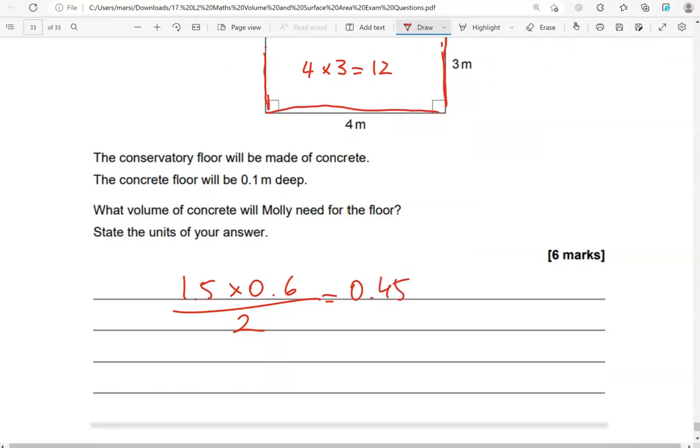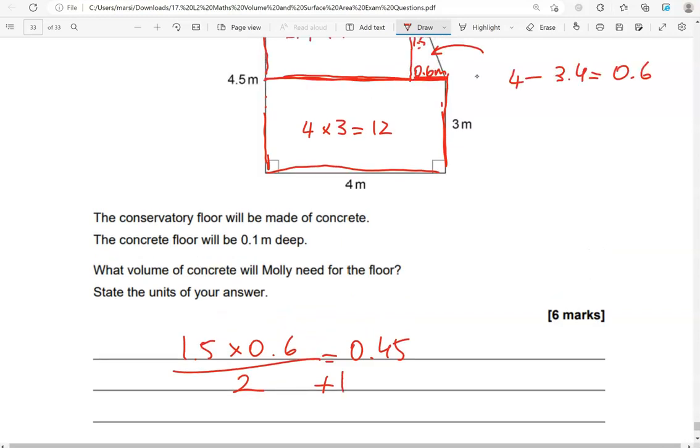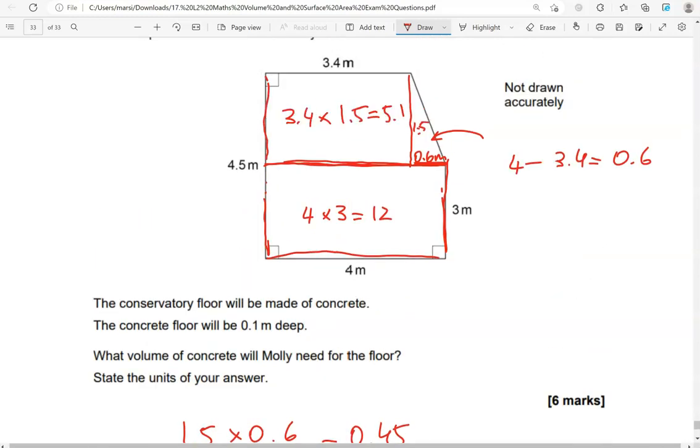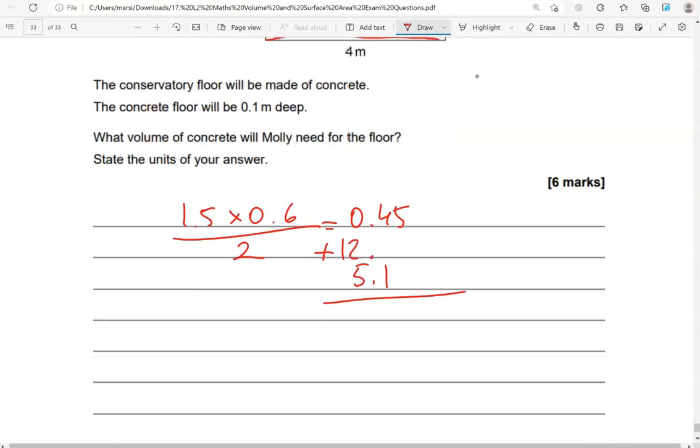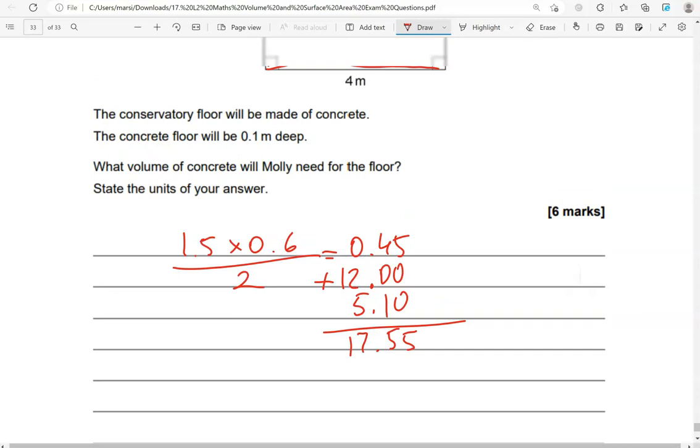So adding 0.45 and 12 and 5.1, we get 17.55 square meters.